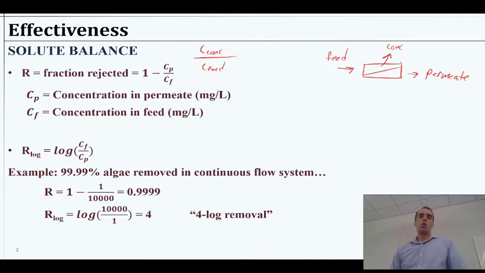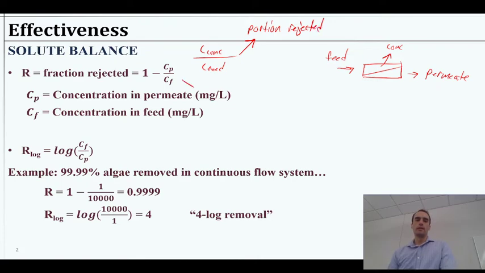So we can rearrange that by doing a mass balance to get 1 minus Cp over Cf. I'm just trying to illustrate that there are a few ways to think about it. If you look at Cp divided by Cf, that's the portion that made it through. So 1 minus the portion that made it through is the portion that did not make it through, right? So this is the portion rejected.